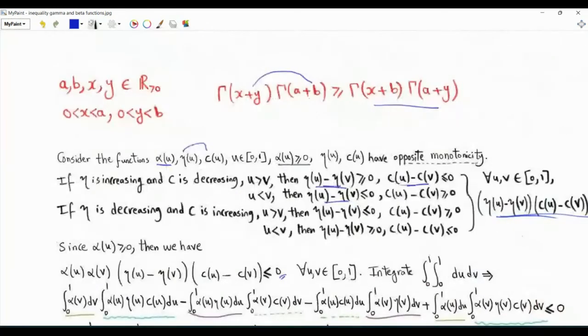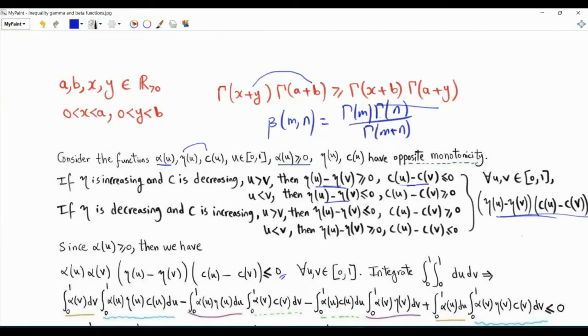To get our inequality regarding the beta function, we will use the gamma function, we will use the beta function. Okay, so we know that beta of m comma n is gamma m gamma n divided by gamma of the sum.